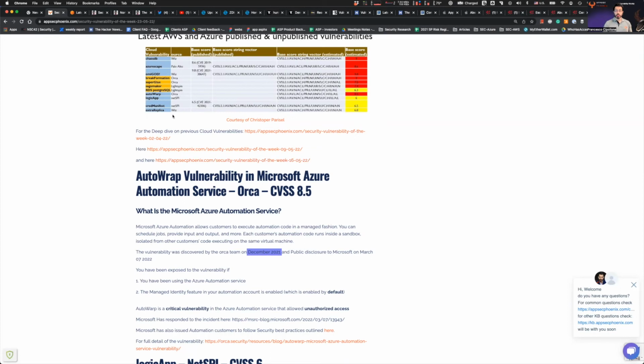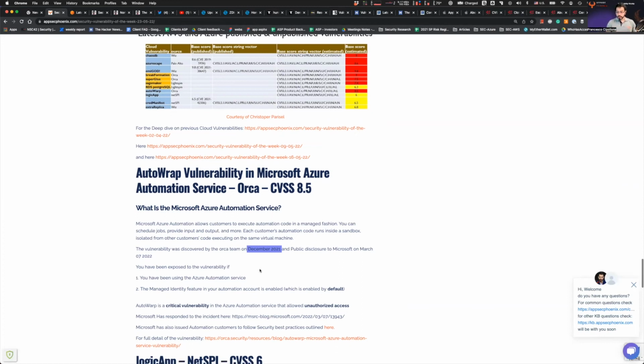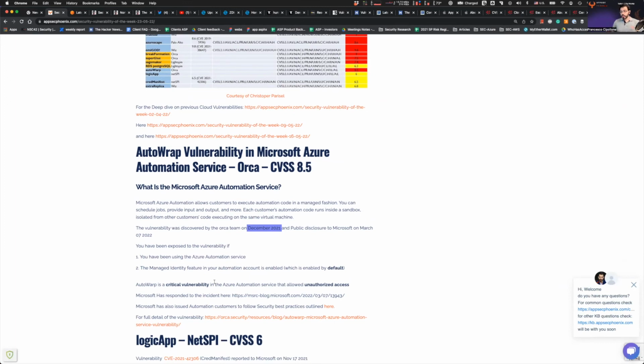Almost half of them, if not all of them, were discovered between the summer of 2021 and disclosed around that time and January of last year, 2022. And this particular vulnerability is in the automation functionality of Azure.